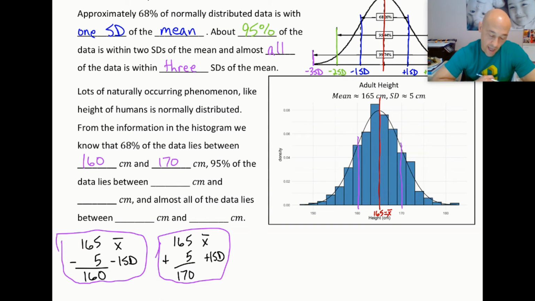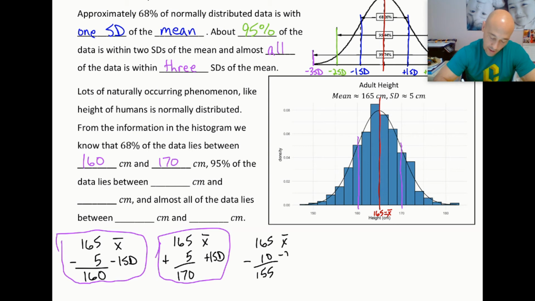95% of the data lies between blank centimeters and blank centimeters. So we're going to do something similar here. We ask ourselves, if we take 165, the mean, and subtract two standard deviations, so minus 10 because 2 times 5 is 10, that's 155.